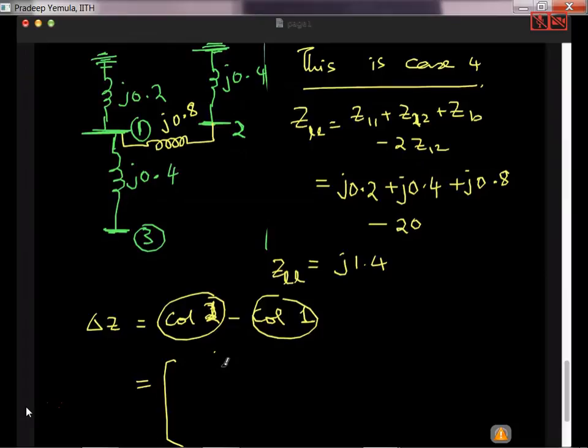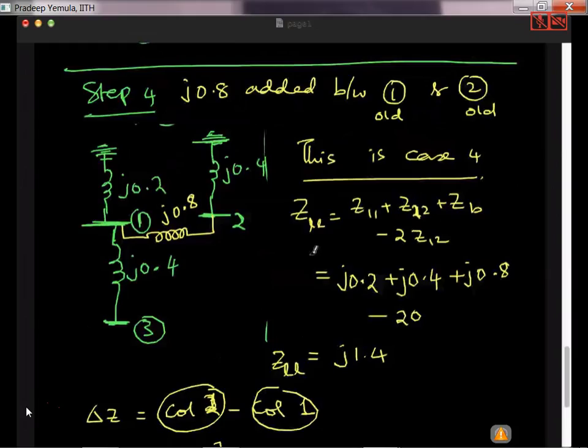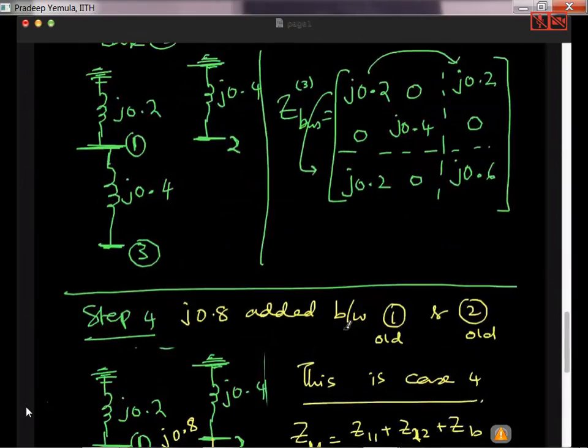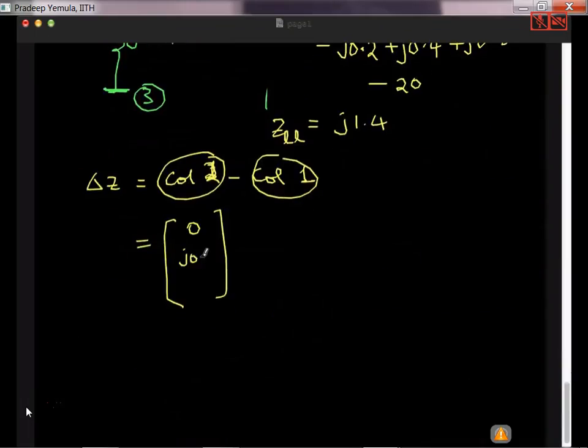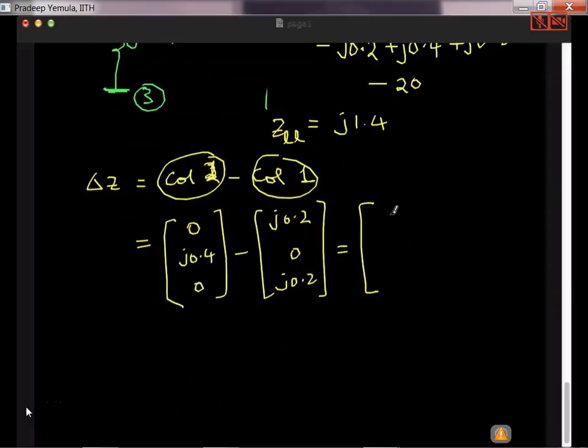Column 2 is 0, J0.4 and 0. And column 1 is J0.2, 0 and J0.2. So this is my column 1. When I subtract this, I will get minus J0.2, here it will be J0.4 and here it will be minus J0.2.